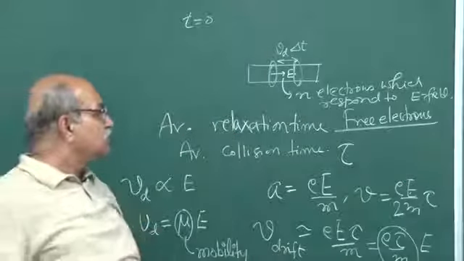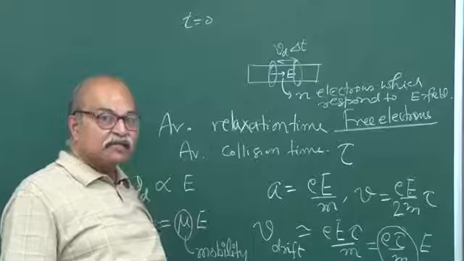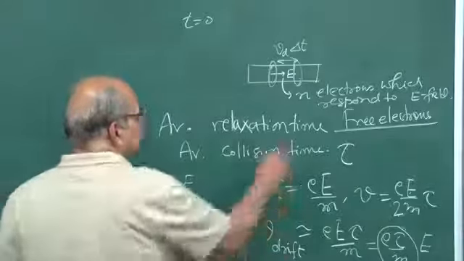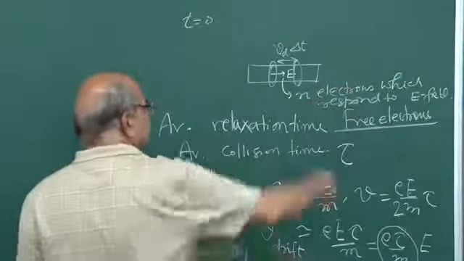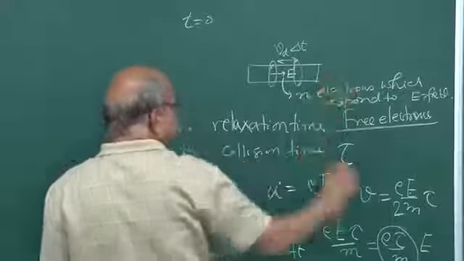You have all that Pauli exclusion principle, but these are the electrons which you should call free electrons.